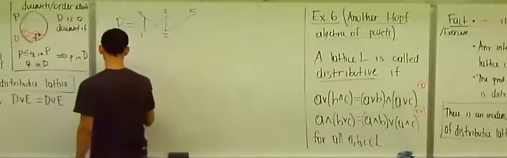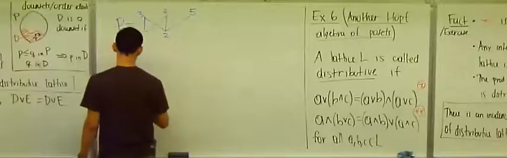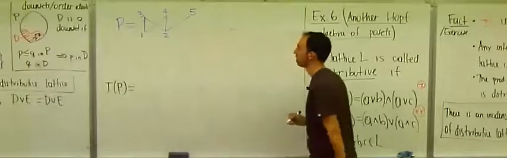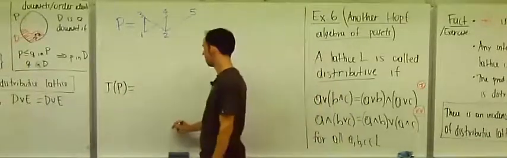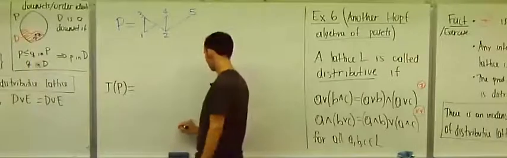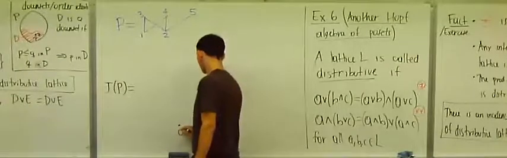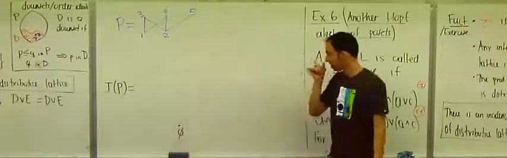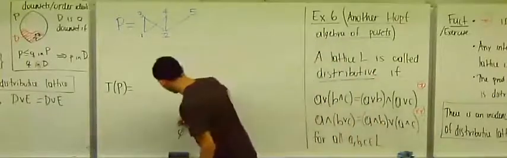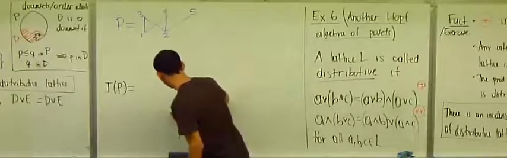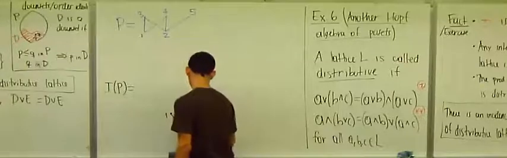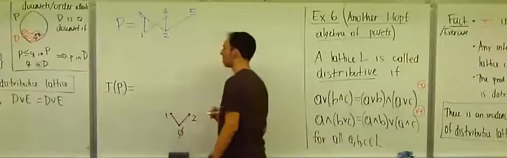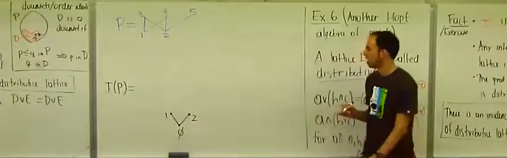And now let's draw J of P. So the smallest downset is the empty set. What downsets of one element do I have? 1 and 2, right? So these are the only downsets of one element.